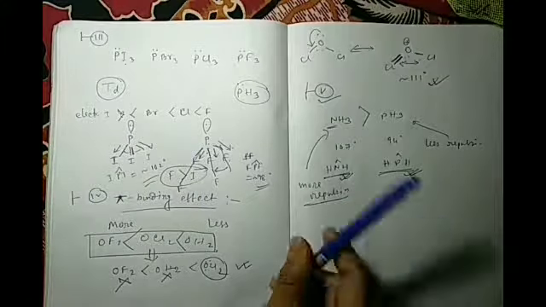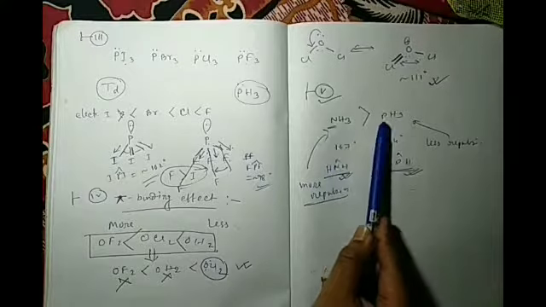Nitrogen has valence principal quantum number 2, and phosphorus has 3.